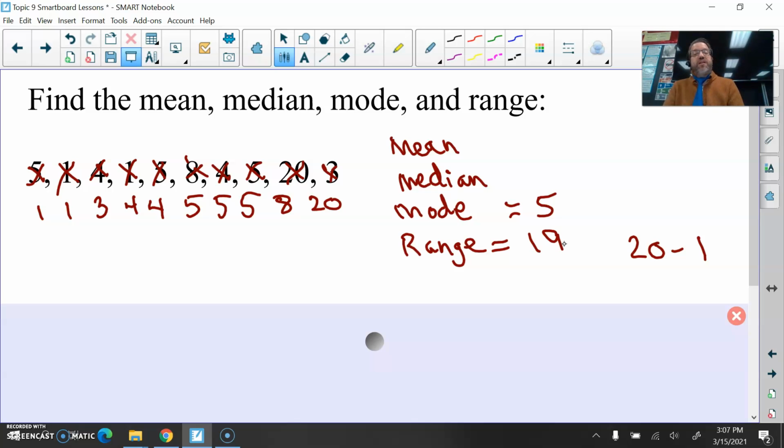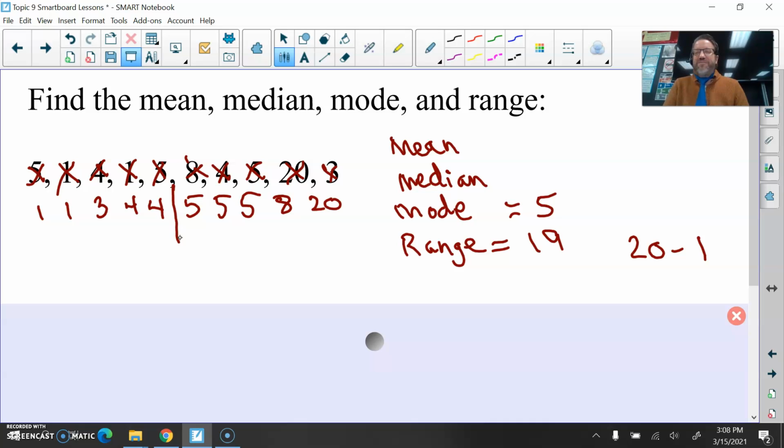And let's see, median is the number that's in the middle. So, since I have 10 numbers here, let's cut that in half. You could actually look here at the left and at the right, kind of pair them up and go 1 and 20, 1 and 8, 3 and 5, 4 and 5, 4 and 5. Uh-oh, I'm going to be between this 4 and this 5. Some people maybe have done that before, but I like to say, well, there are 10 numbers, cut that in half.